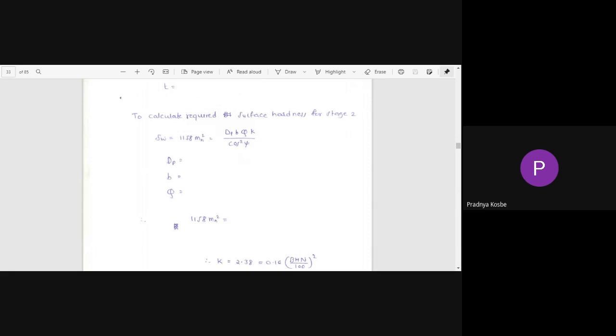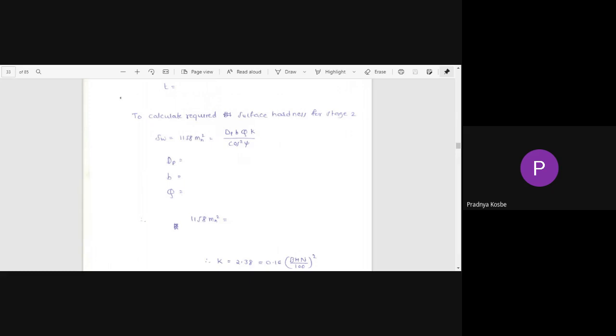Pitch circle diameter of a pinion, b is face width, q is gear to pinion ratio, k is load stress factor, psi is a helix angle. So from this, after putting the value of Mn and after finding out dp/bqk in terms of Mn, we can find out k is equal to 2.38 and it is equal to 0.16 Bhn by 100 square.